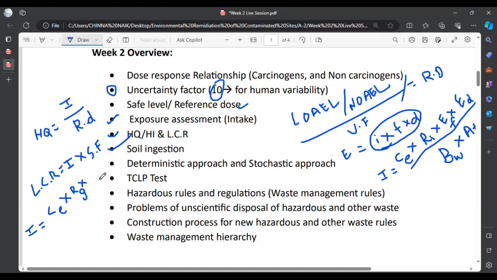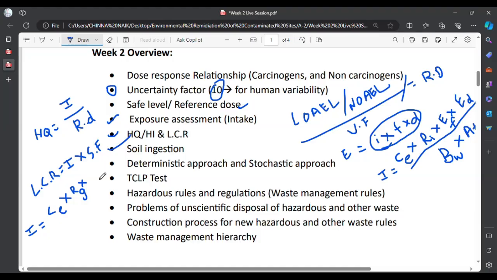That is, how many milligrams of contaminated soil is consumed by the human being during work per day.